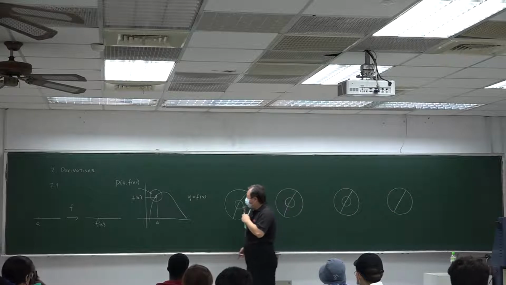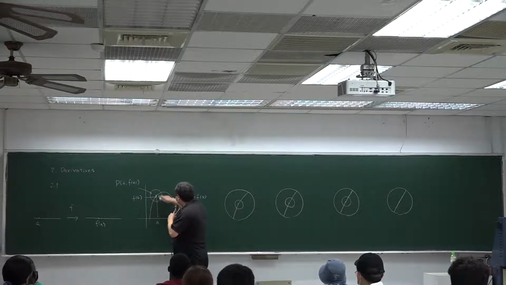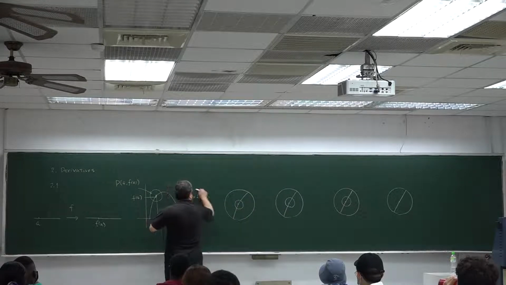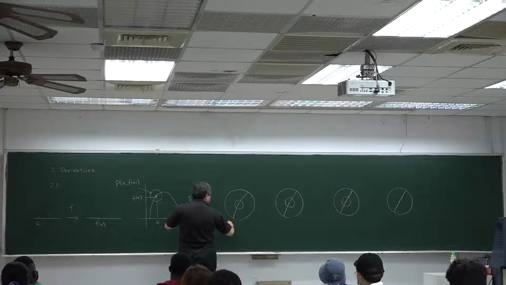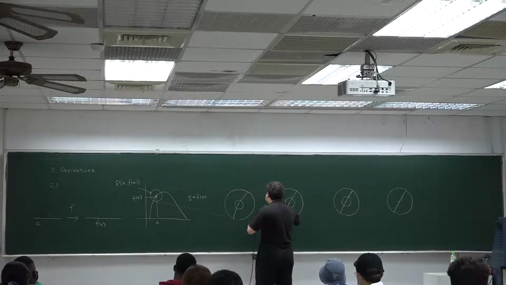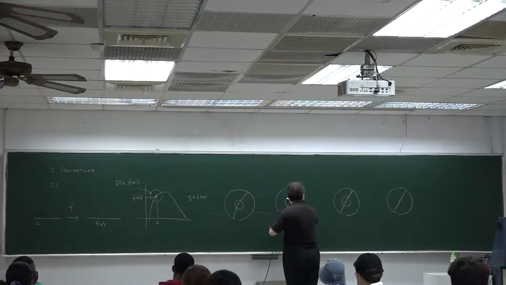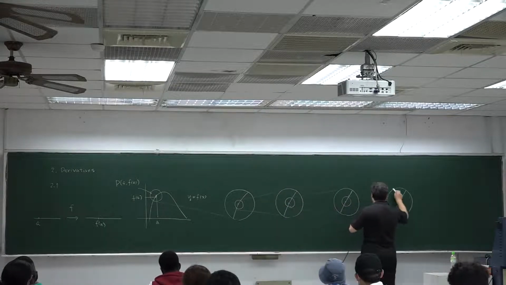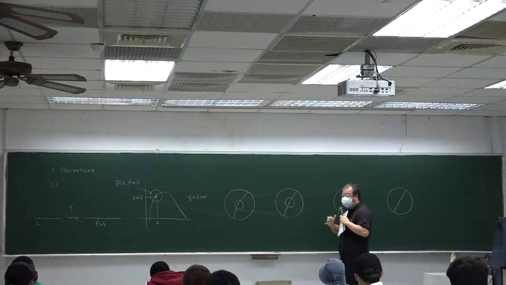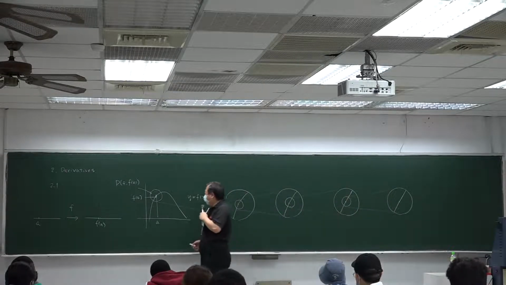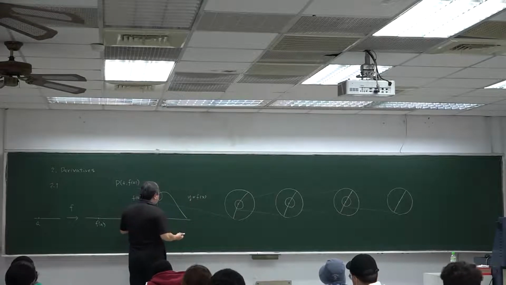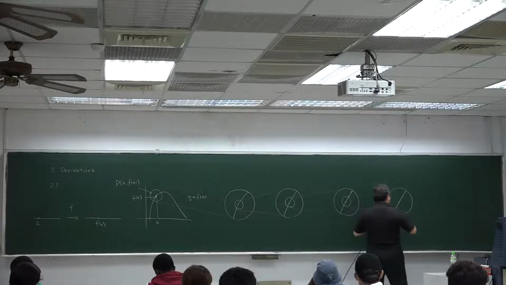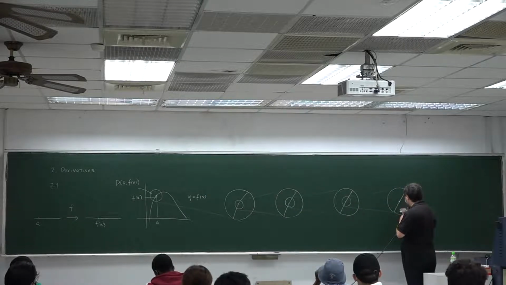So smooth means locally linear. When we zoom, it is locally linear, so this is almost a straight line.